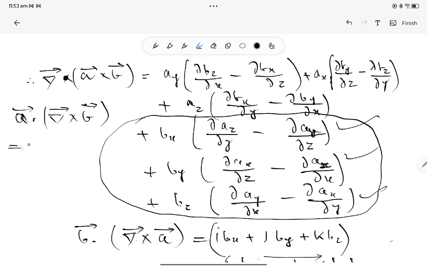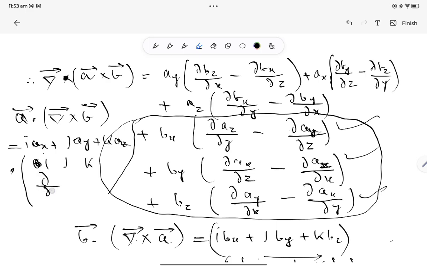So once again you have A dot, that is i Ax plus j Ay plus k Az. Then next, dot, that will be del, i cap, j cap, k cap, del by del x, del by del y, del by del z.